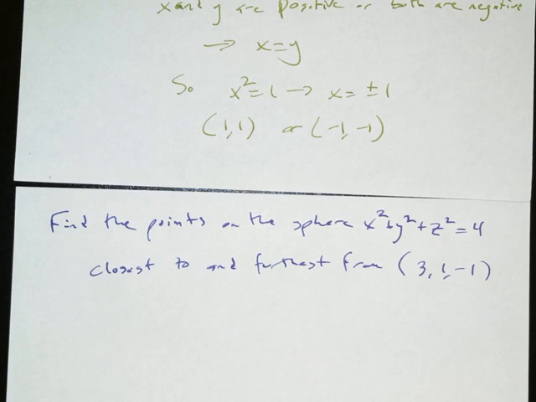Why do I care? Well, let's make this the Earth, and that point the location of a GPS satellite. If I know what point is closest, that'll be the point with the shortest time to communicate to. The point furthest away should be on the opposite side of the globe from that, yes?